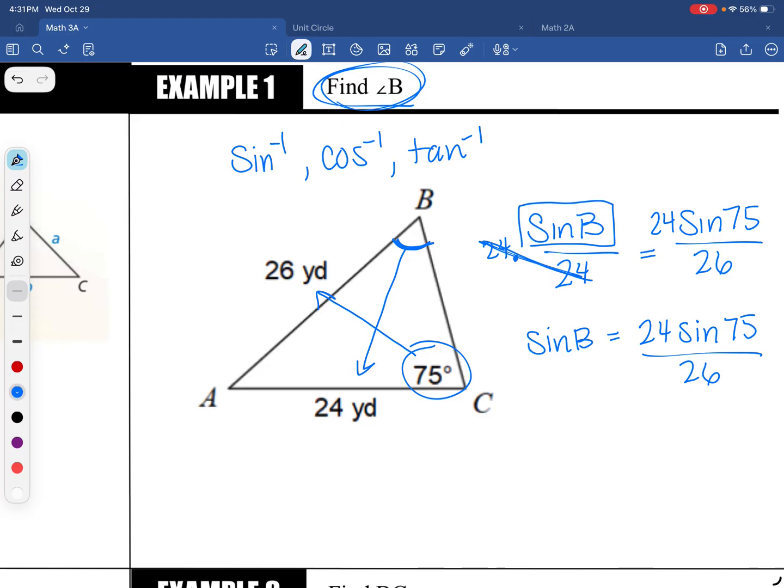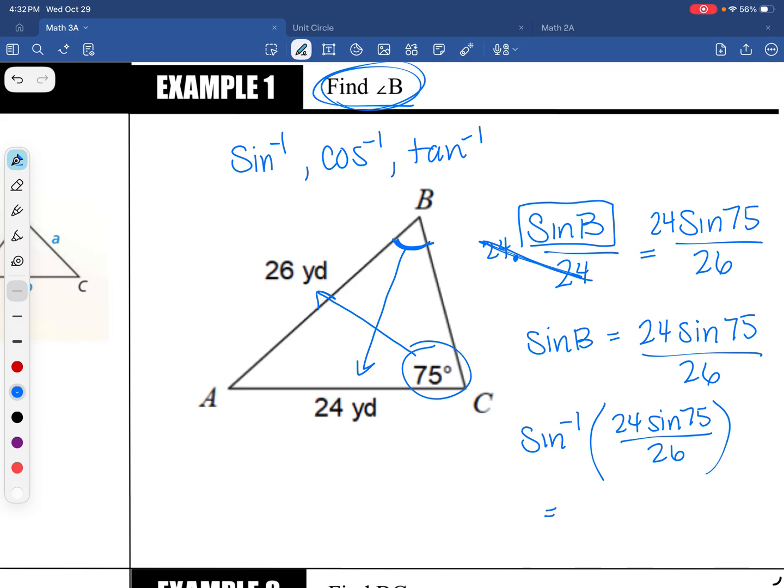Okay, so to solve for sine B, that means we need to do sine -1, and whatever this is goes right after it. So it's going to feel a little weird because you're going to have a sine within a sine, but we're going to do arc sine of 24 sine 75 over 26.